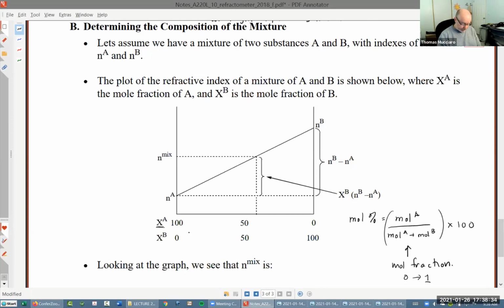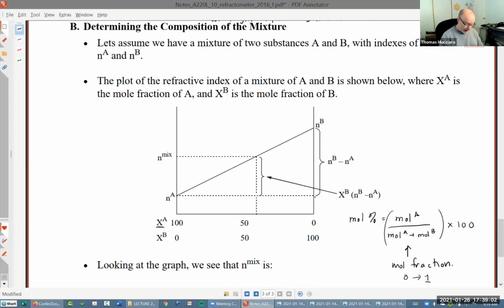Okay. So what we want to look at is it's very possible that we might know the refractive index of substance A when it's 100% pure. And we might also know the refractive index of substance B when it's 100% pure. These are things we can look up, or if we can get a pure sample, we can just measure. All right.